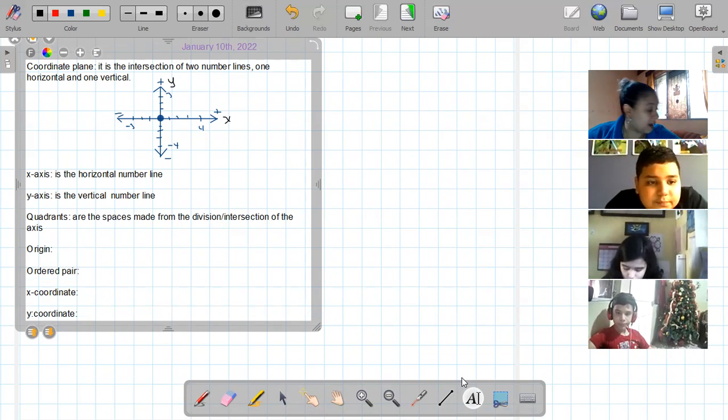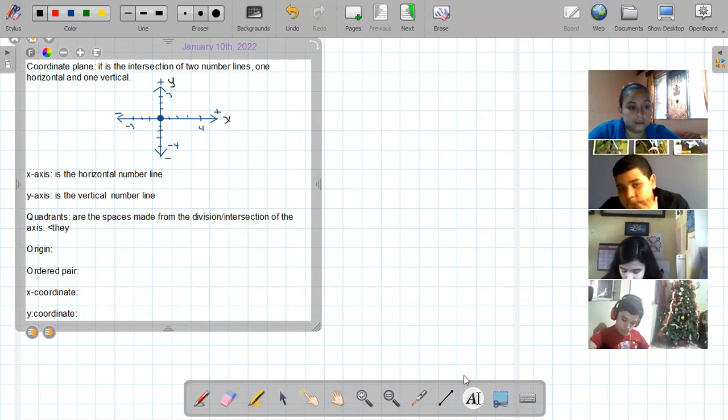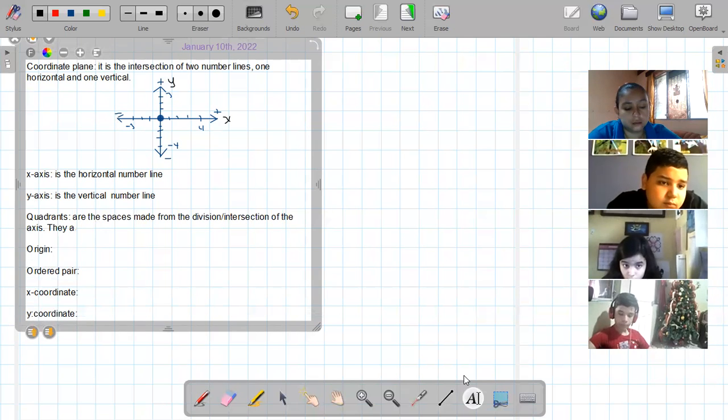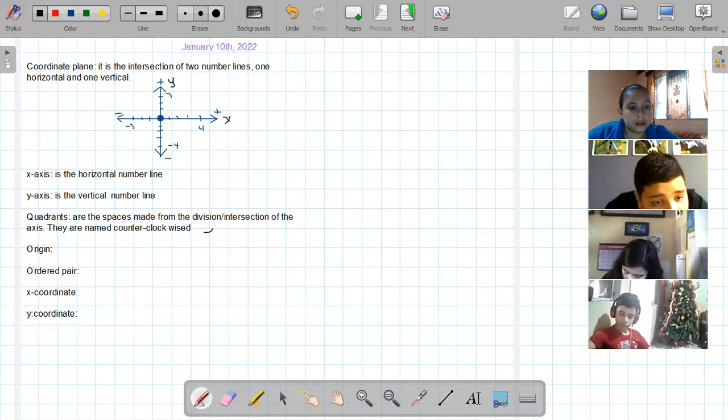And they go counterclockwise. What does counterclockwise mean? It means that they go in the opposite direction of the clock, okay?